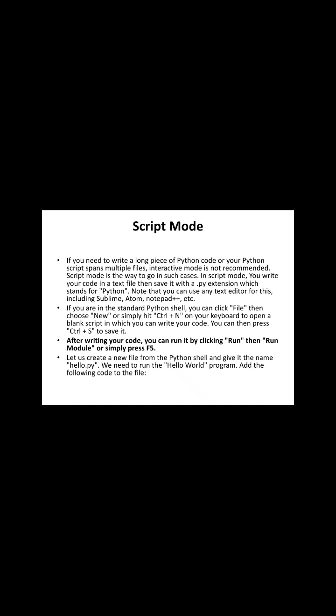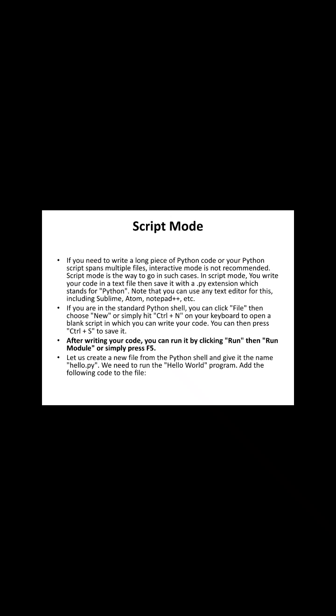If you are in the standard Python shell, you can click on File, then choose New File. Simply hit Control N to create a new file from the keyboard to open a blank script in which you can write your code, and you can then press Control S to save it, as you did with other files also.